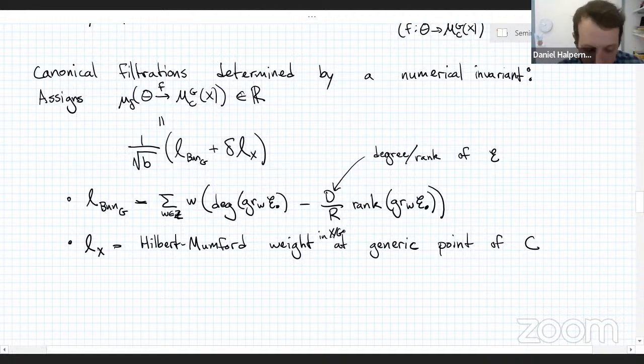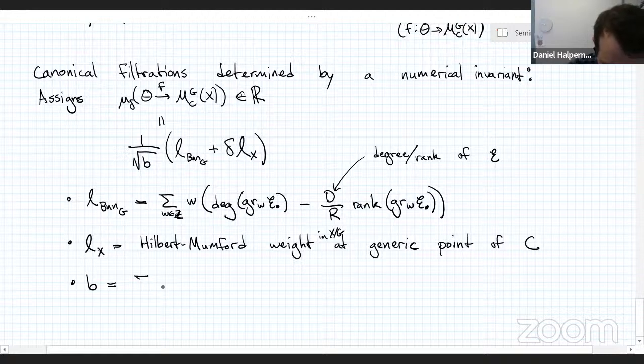This comes from GIT for X mod G itself. And the B is a quadratic form in the weights. So B is the sum of w squared times the rank of the wth graded piece of E.